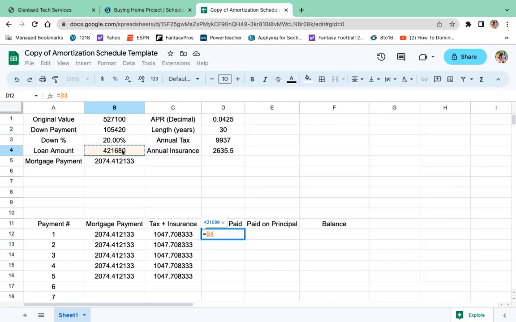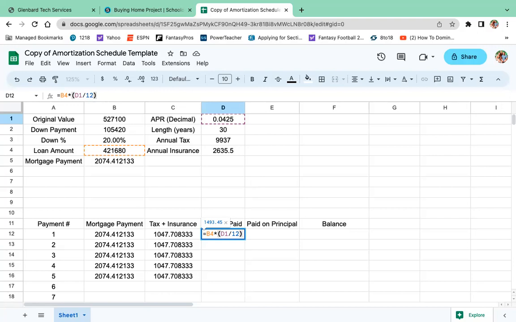So we're going to take our loan amount times our rate in parentheses divided by 12, because you're only taking 1/12 of the rate. So B4, you aren't going to be copying this, so we don't need to dollar sign it. So B4 times our rate over 12.